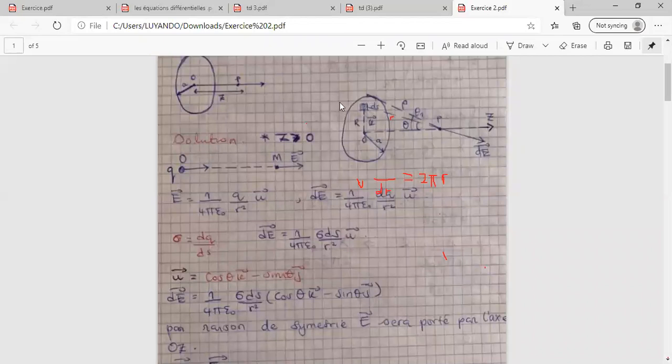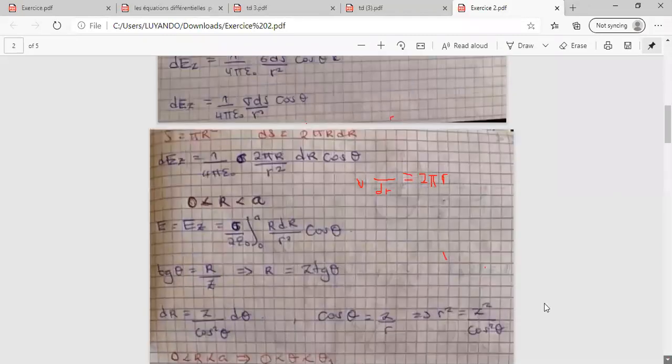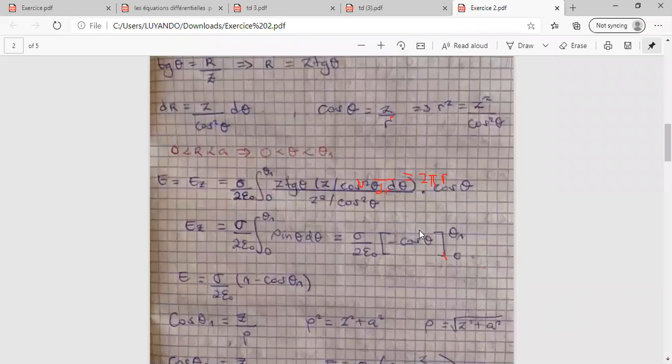So from 0 to our a, which is our radius, to the point P, we have theta 1, which is our angle here.